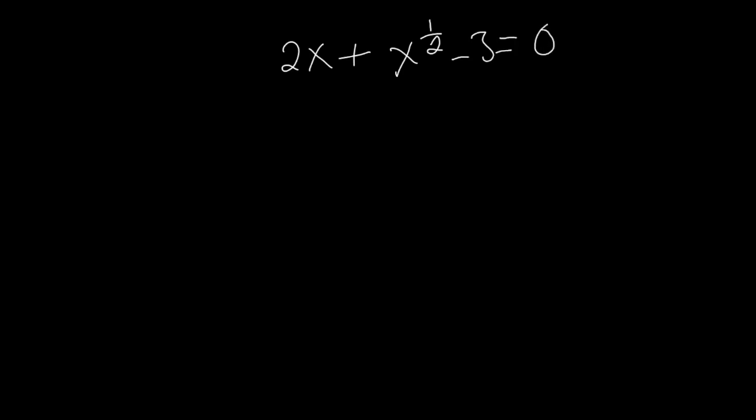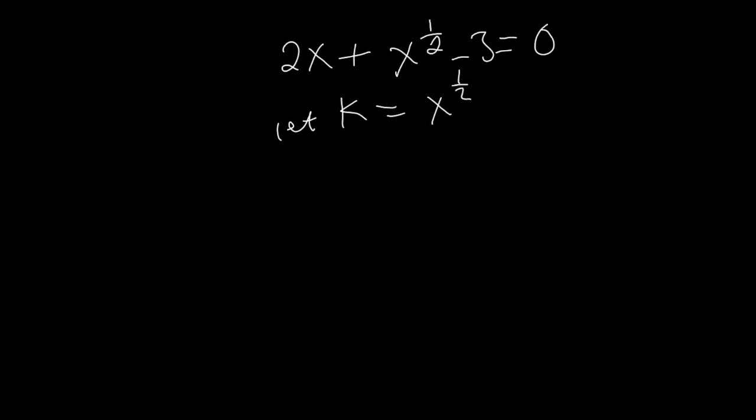So how will you apply the k method? You need to be more careful. Just like we did on the previous one, I'll consider the x with the lowest power. In this case, half is lower compared to 1, because this x is to the power 1, and this is to the power half. So I'm going to let k equal x to the half.